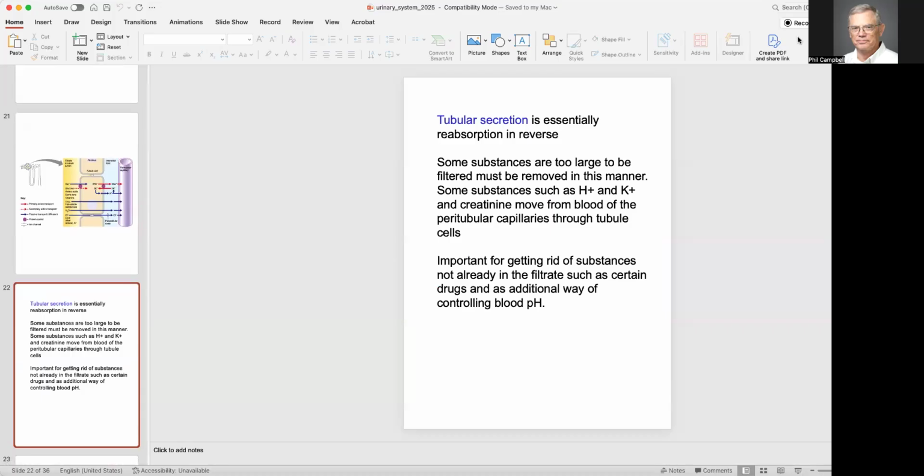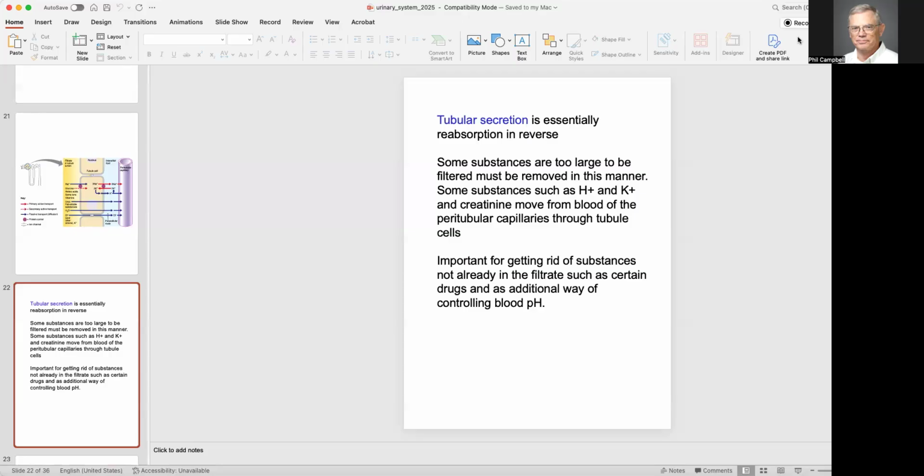Secretion is also specific, and that occurs as well as reabsorption. It's primarily used to control things like hydrogen ions, which helps you regulate the pH of blood. Also, it can be important for getting rid of excess potassium. Remember your membrane potential. There's more potassium inside the cells than outside the cells. There's more sodium outside than inside.